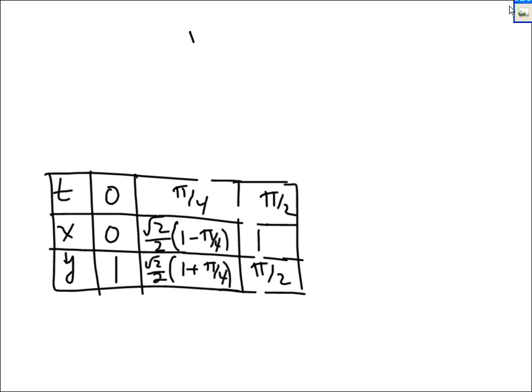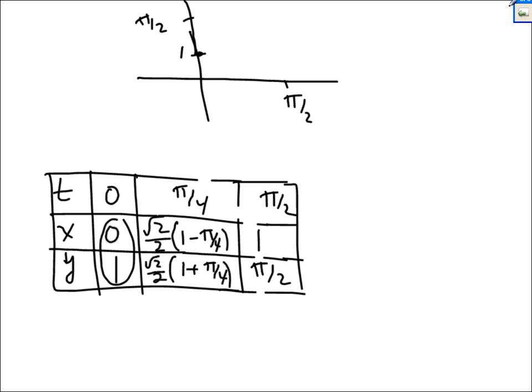Okay, so we plot this. When t is 0, we get the point 0, 1. When t is pi over 2, y is pi over 2 times 1 plus pi over 4. The numerator is more than 2, approximately 3.14. So when I divide by 2, I get more than 1. That's why I want it above 1. And it's right here.